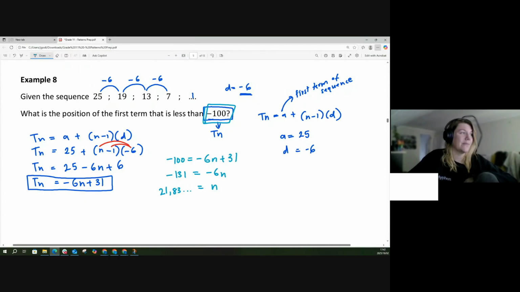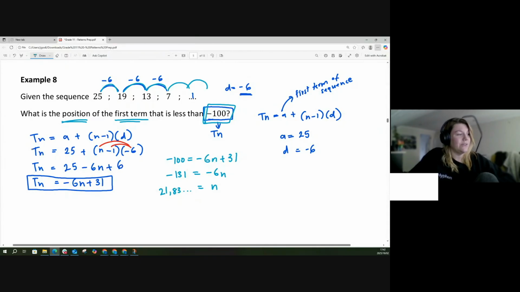But we can see in our sequence that our numbers are getting smaller and smaller, right? They're asking you, what is the position of the first term that is less than negative 100?